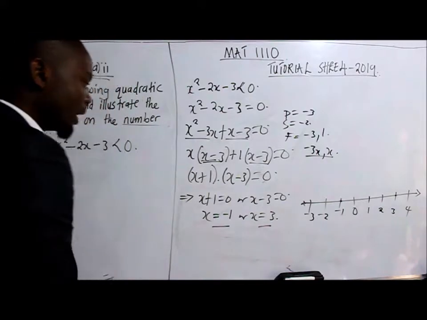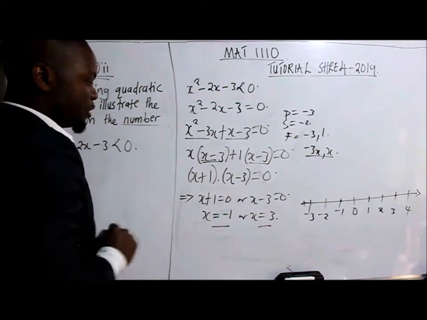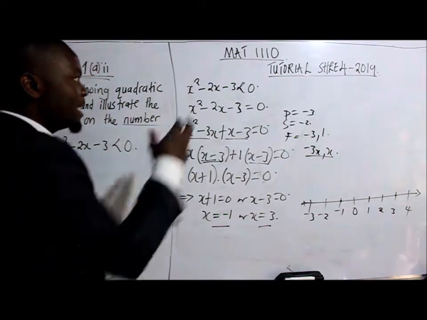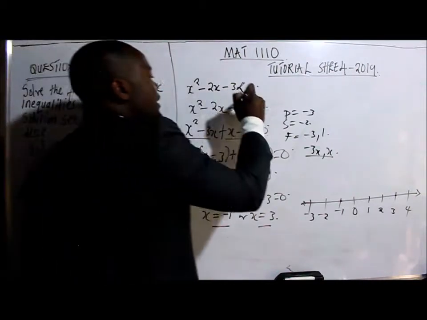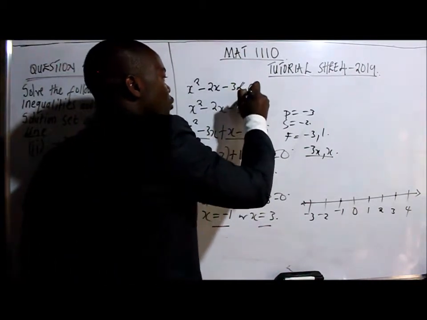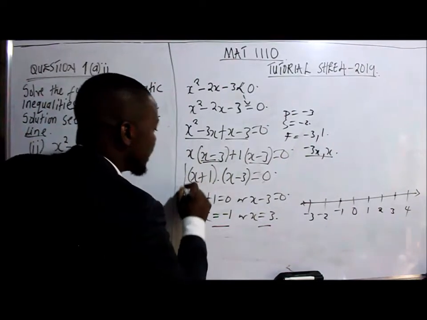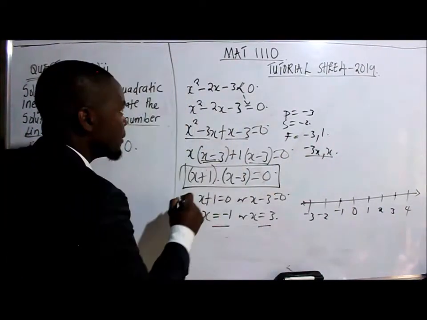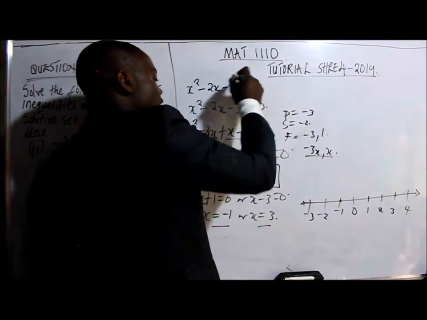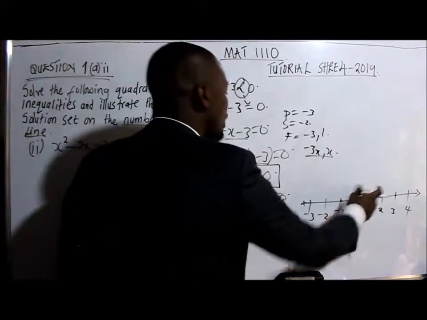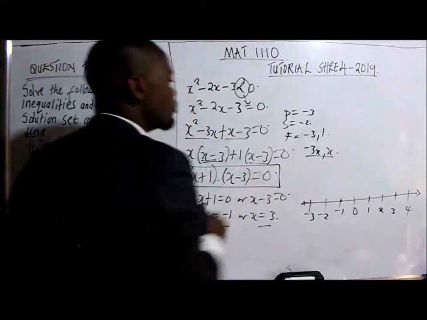Alright. Now, what you must do is this. Since we replaced the less than sign by an equal sign, at this stage let's introduce our sign and find the region where the inequality will be satisfied.